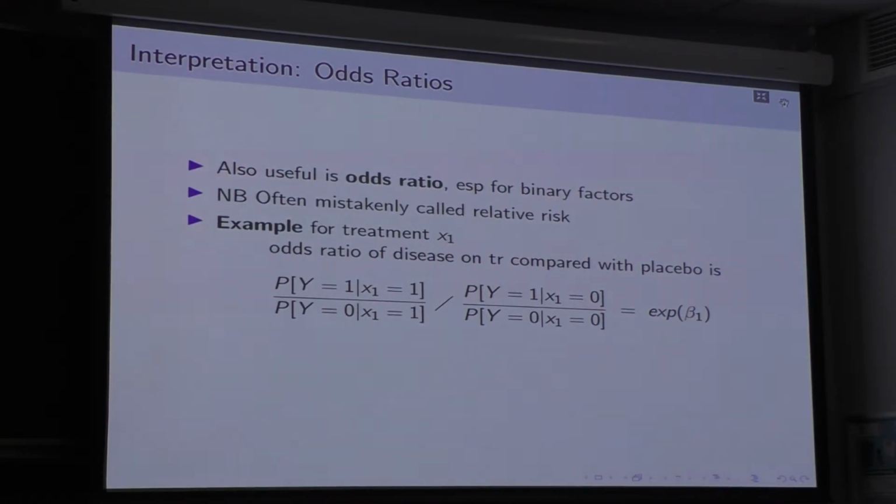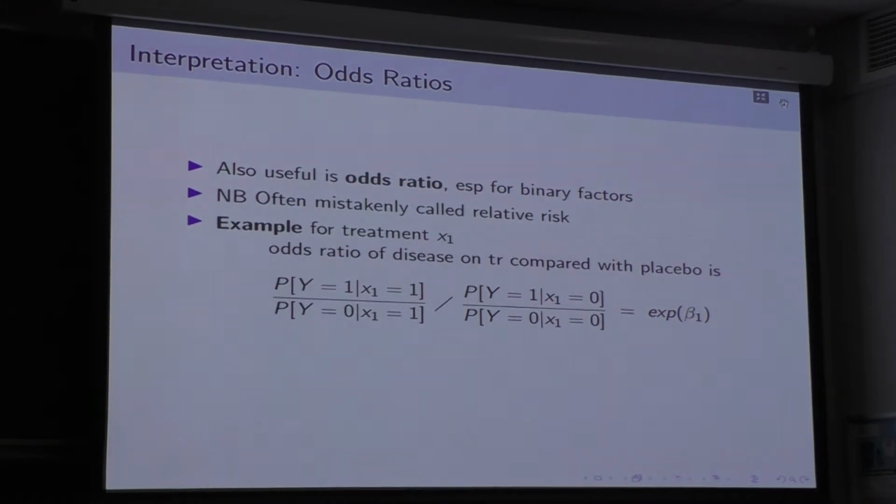It's the odds ratio of disease when you're on treatment, because I've said your x1 value is 1, and it's the ratio of that whole thing when your x1 value is 1 to when your x1 value is 0, okay? And if you go through just writing out all the equations, you will see that that is just the exponential of beta 1.